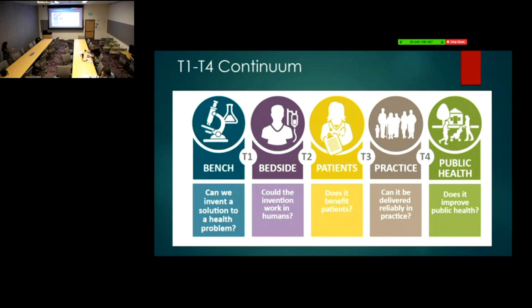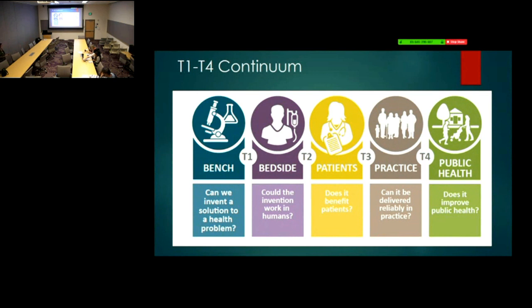So over here, is this a pointer? Yay, okay. So over here we have bench. Can we invent a solution to a health problem? I don't know, some new pharmacotherapy, you're interested in that. Is there a new drug that helps treat condition X?